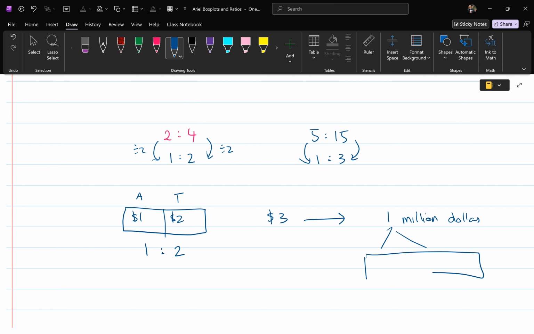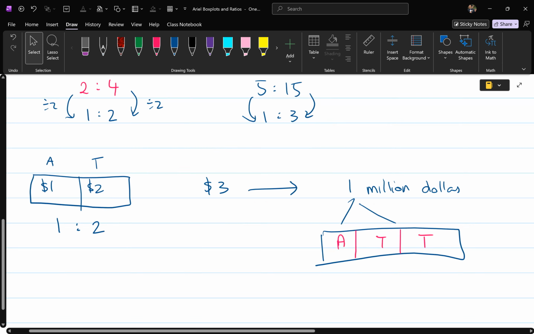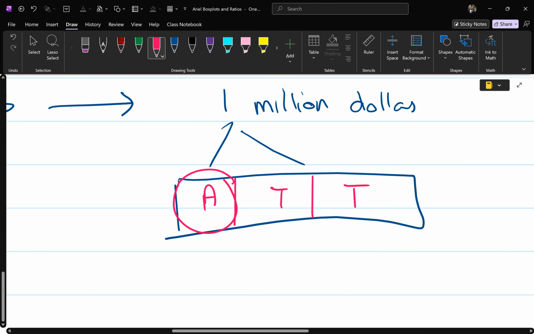So with $1 million, okay, 1 million, I like to draw boxes. You put in $1, I put in $2, which is double the amount that you had. So this is Tran, and this is Ariel. So Ariel, you should only get 1 bit of it, and I should get 2 bits of it.